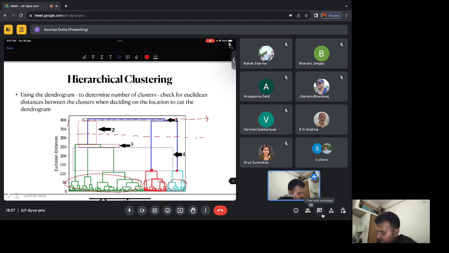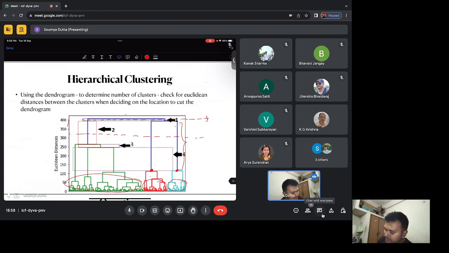The blue ones and the red ones will have a much higher distance, and the blue and the red and the blue already have this computed distance. So all of them are more or less quite different from each other. So it's good to do a clustering at 2. You will get these three clusters basically.